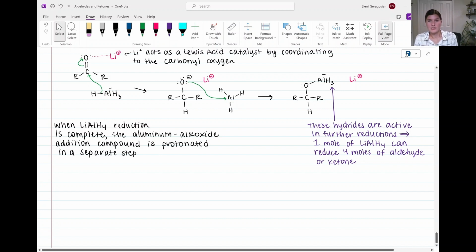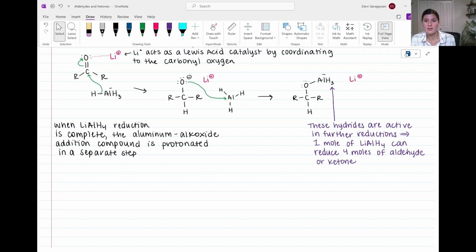So once the aluminum hydride has reduced 4 moles of the aldehyde or ketone, we then have this alkoxide bonded to aluminum. So we have an aluminum bonded to the oxygen, just like in the structure in the top right. Oxygen's bonded to carbon, 2 R groups, and that carbon's bonded to a hydrogen that was gained in that first step.